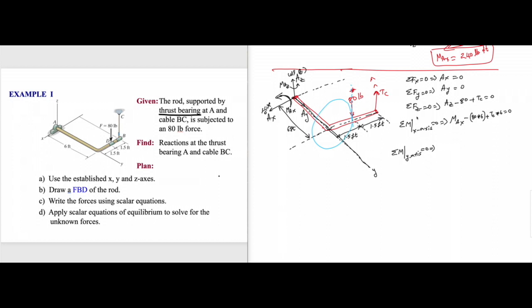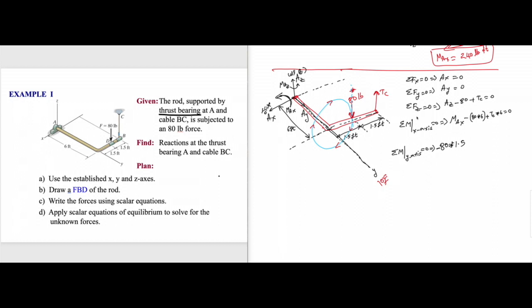It is given by the 80-pound force, right? So with respect to our I, which is on the positive y, how is it rotating? It is giving a clockwise rotational effect, and that effect is 80 times 1.5, and because it is clockwise, I'm going to write negative.